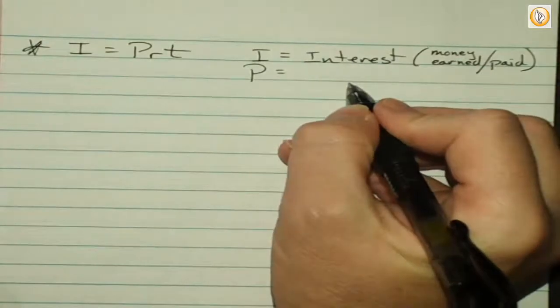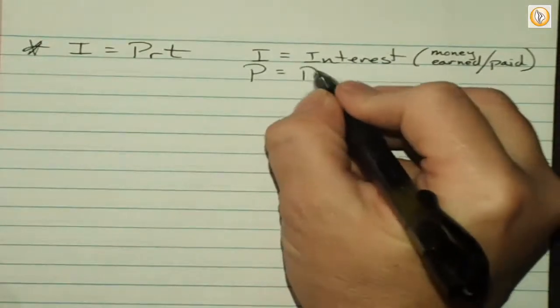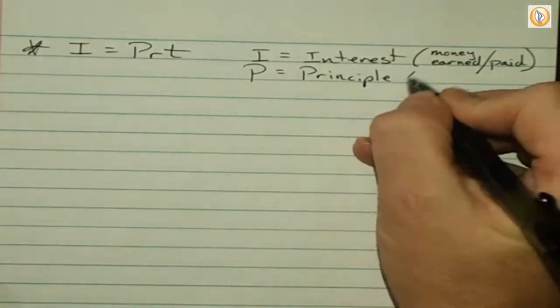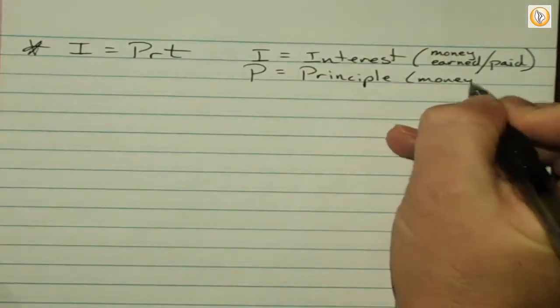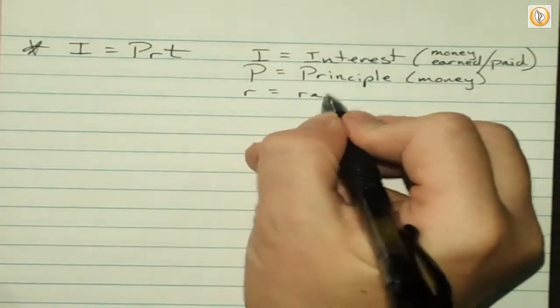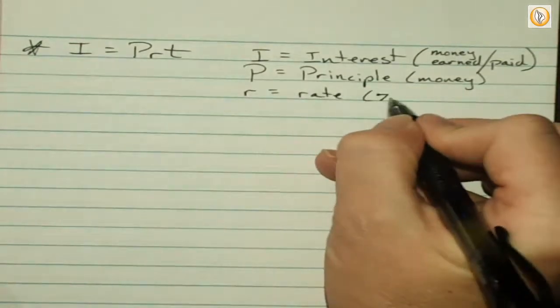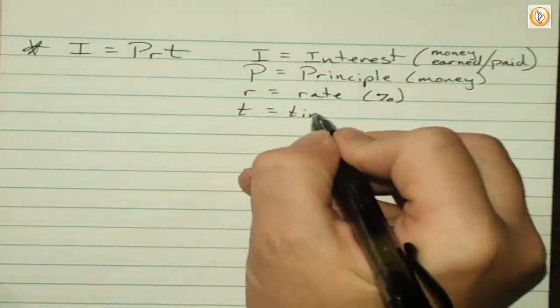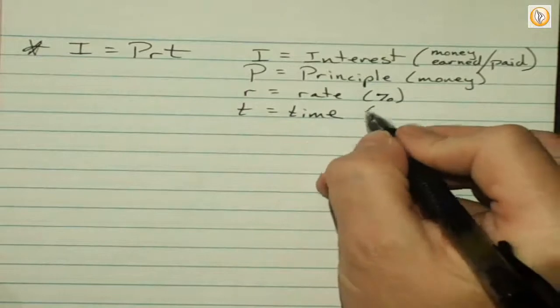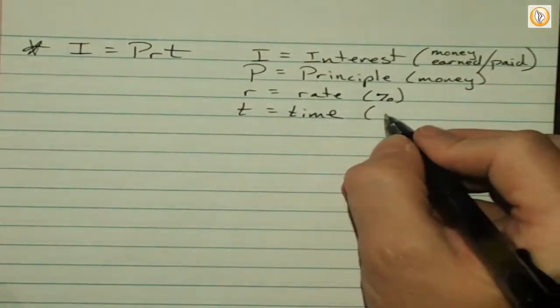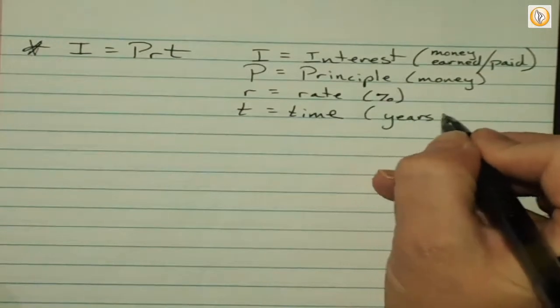P is principal, the actual money we're dealing with. R, of course, is rate, and that is your percent. And T is time. And we do it by months or years? Years.